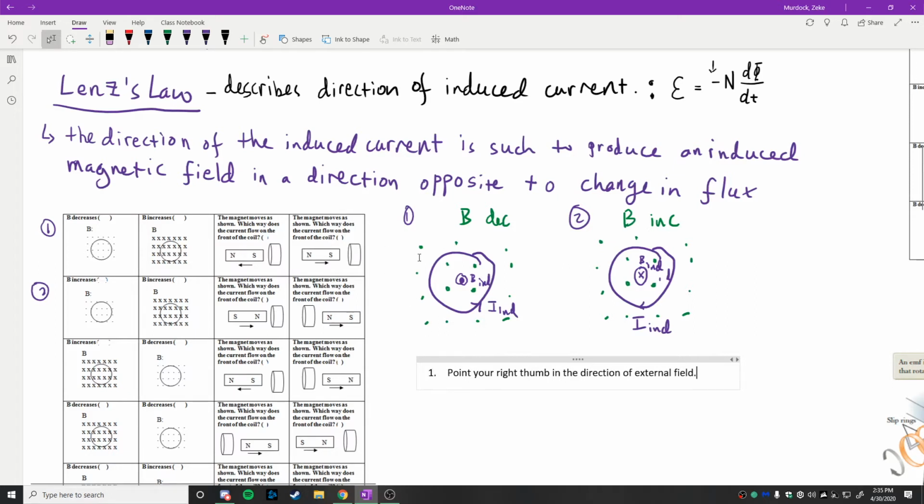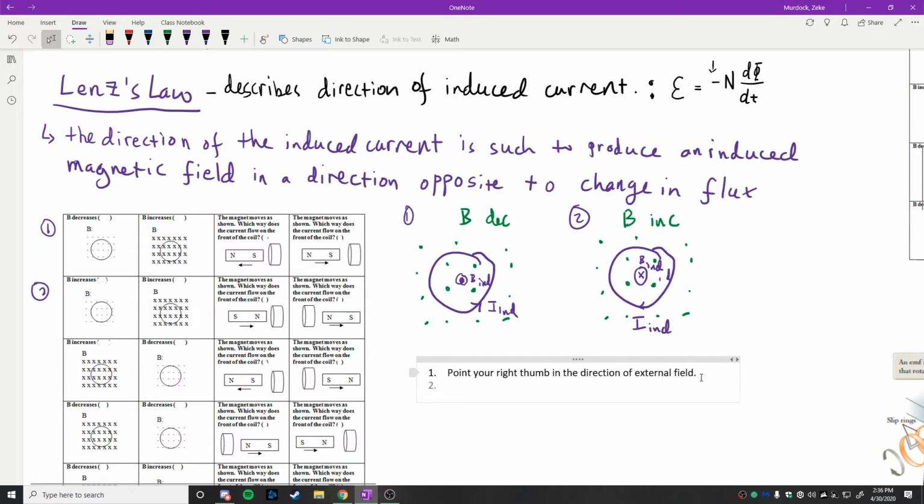So in this case, for number 1, the external field is the green one, and you just point your thumb in the direction of that, which in this case points out of the board. So you basically just put your thumb on the screen pointing out of the board.